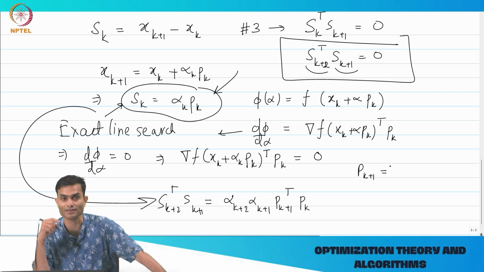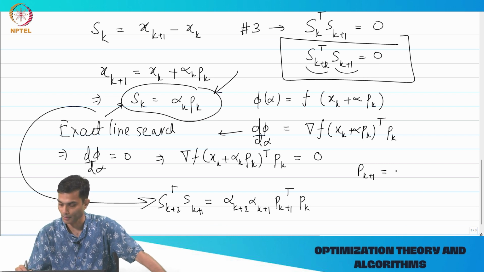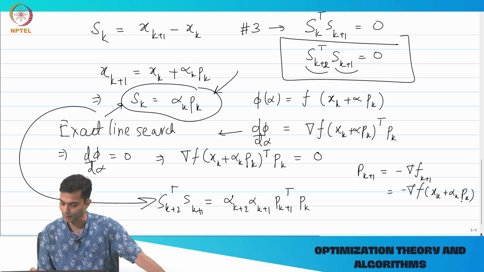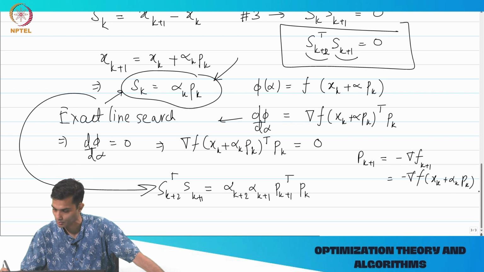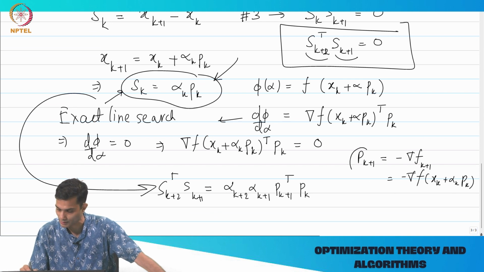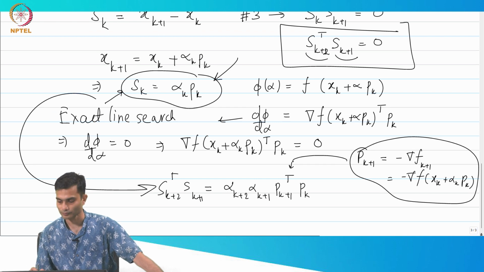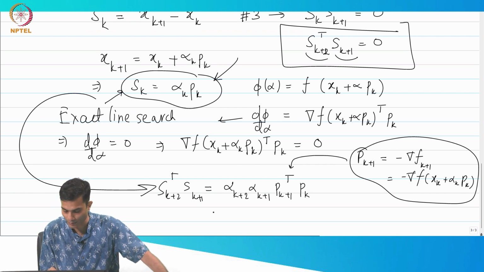We are doing gradient descent, right. So, pk plus 1 should be minus grad f k plus 1, which is nothing but minus grad f of xk plus alpha k pk, right. So, now this expression over here I can substitute over here, right. What am I going to get?